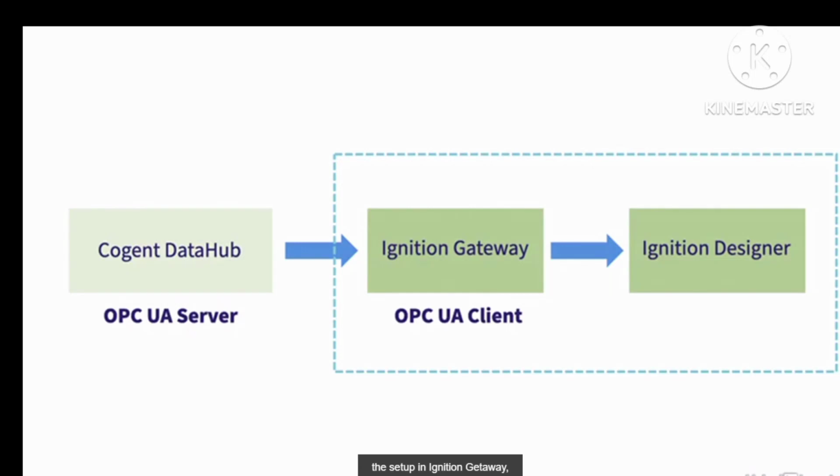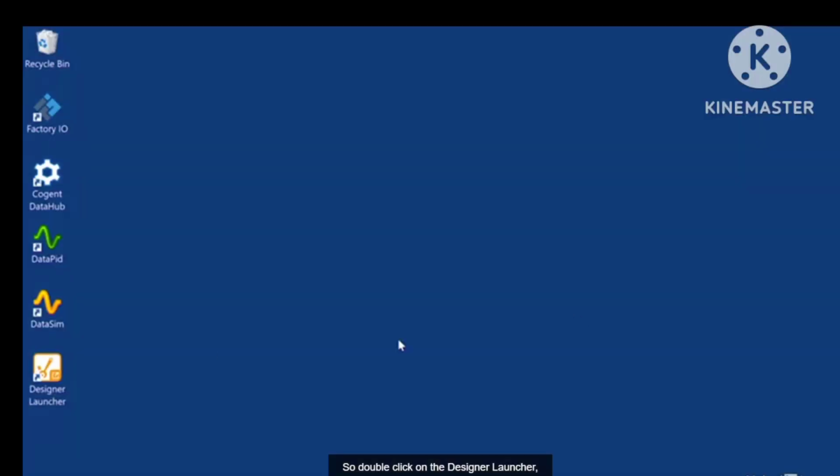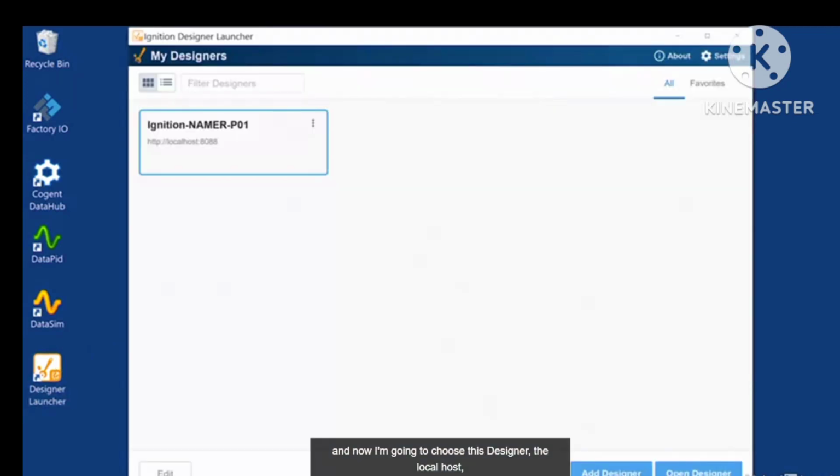Now that I have finished the setup in Ignition Gateway, I'm going to cover step 2, where I can see the tags in Ignition Designer. So double-click on the Designer Launcher. And now I'm going to choose this designer, the localhost, and then click on Open Designer.